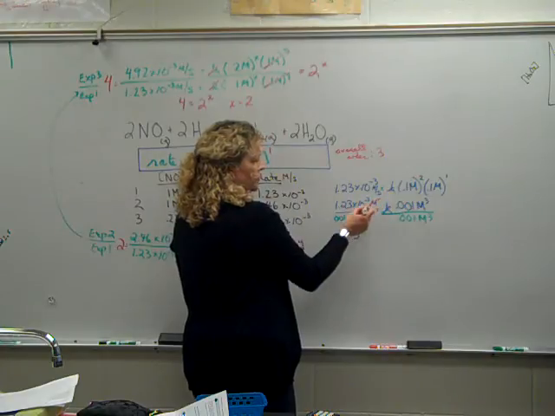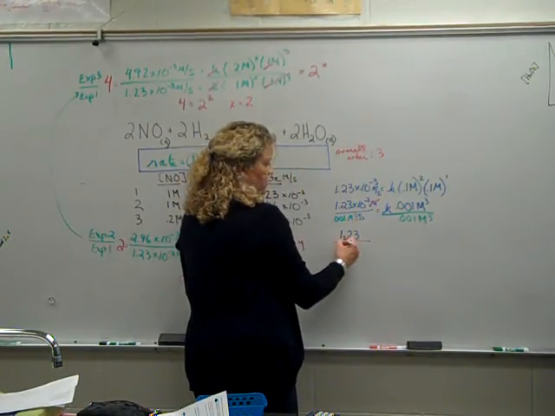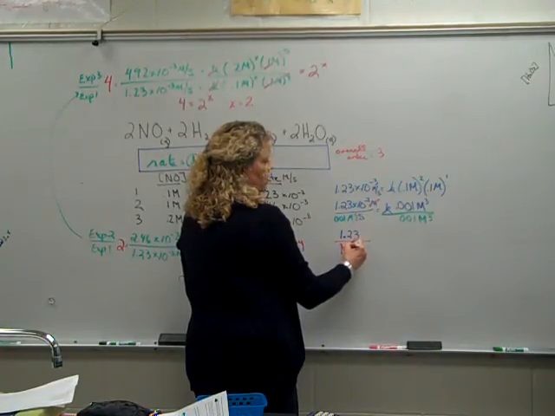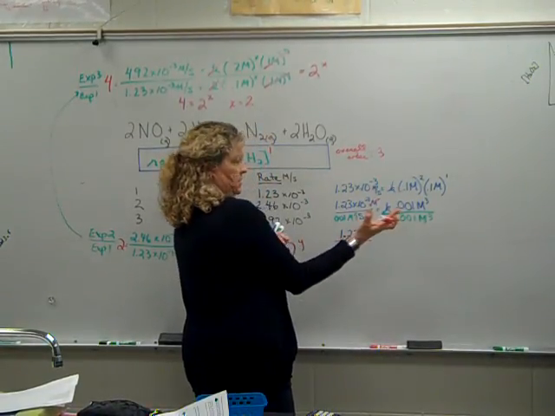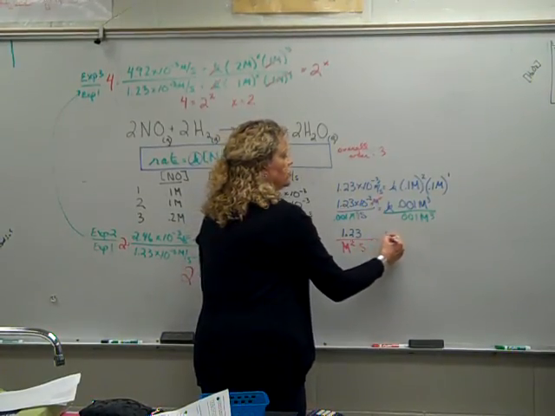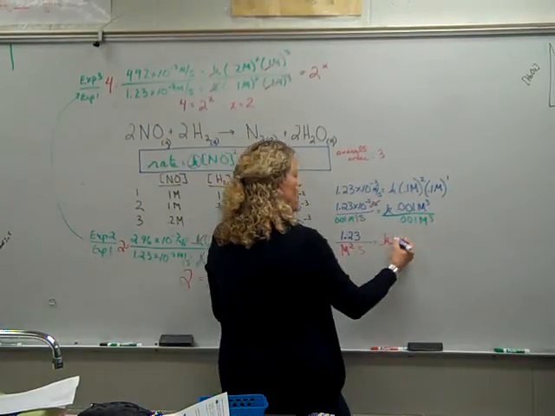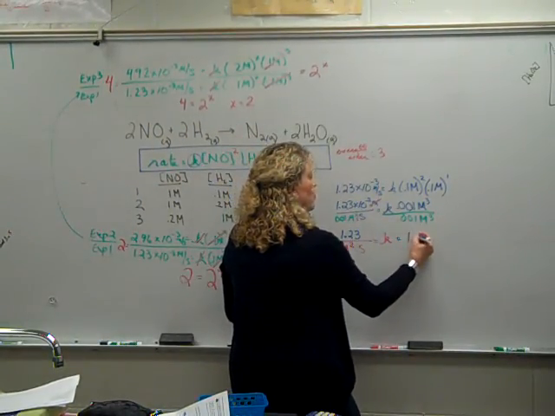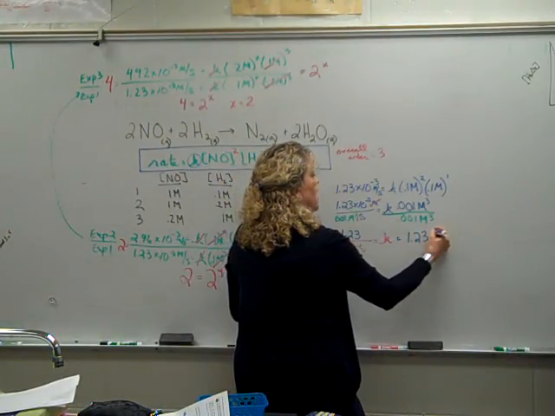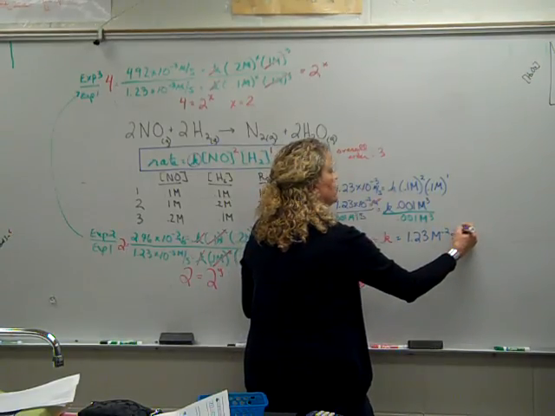So that cancels, and this turns into a 2. So there ends up being a molarity squared in the bottom, and then the second stayed. There was nothing to cancel that out. That is actually my K value. Most people would probably write it 1.23 M to the negative 2 s to the negative 1.